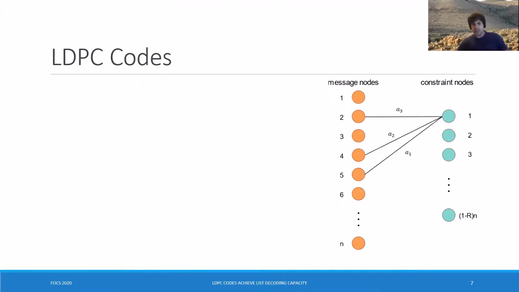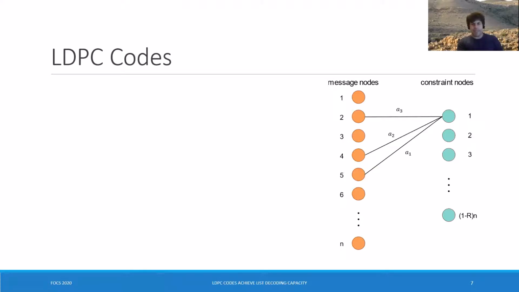A code is linear if it's a linear subspace of F_q^n, and a linear code is defined by linear constraints. One way to describe the linear constraints that define a given linear code is using a bipartite graph.